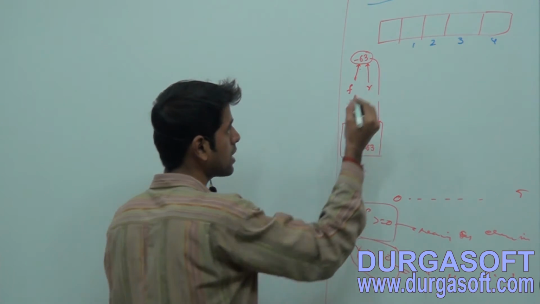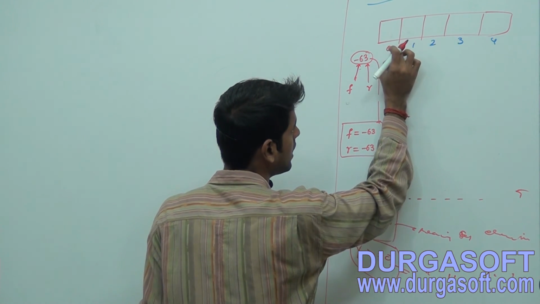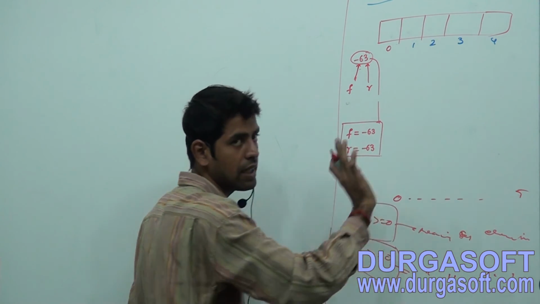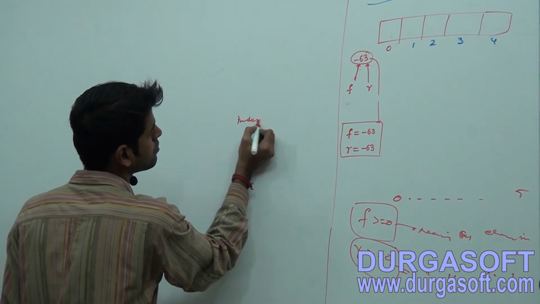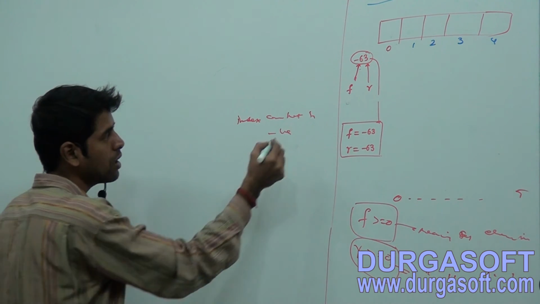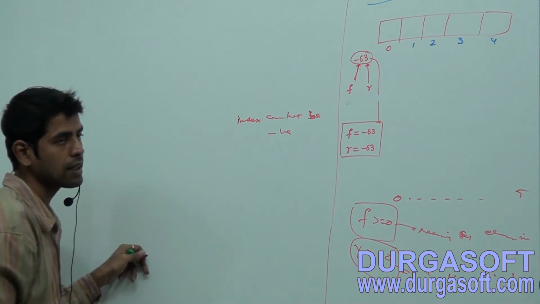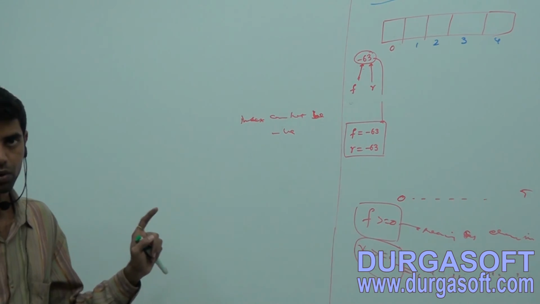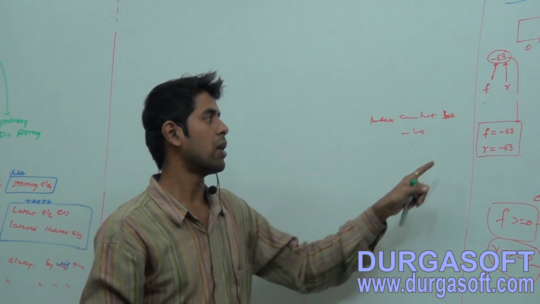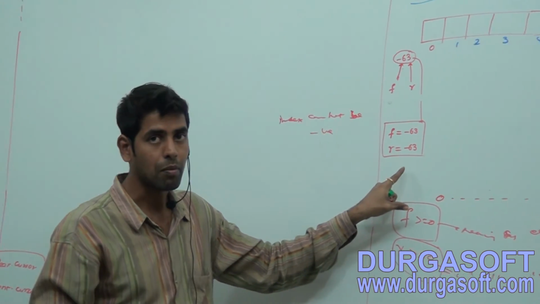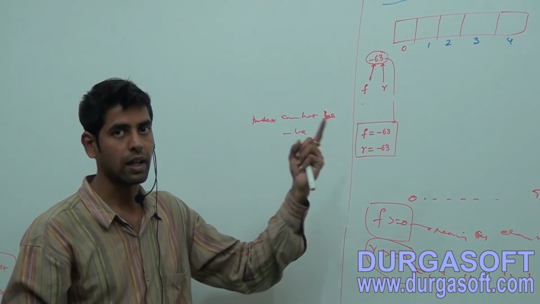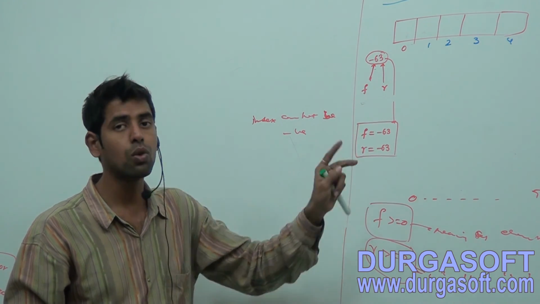Because data can be stored only in indexed blocks, and an index cannot be negative. That's why I have taken front and rear as negative values if our data structure has no elements.